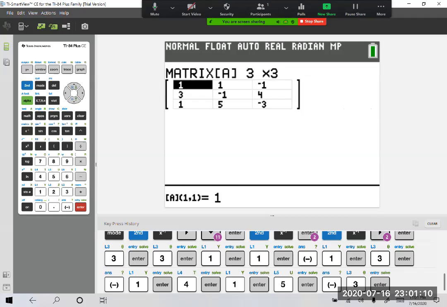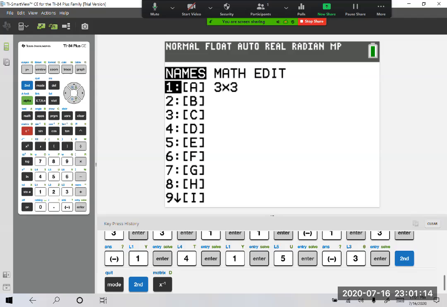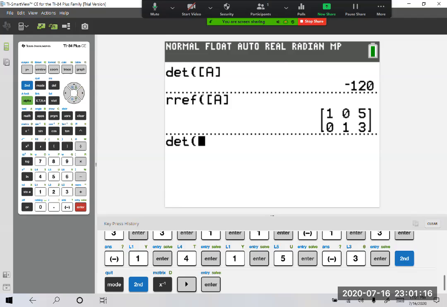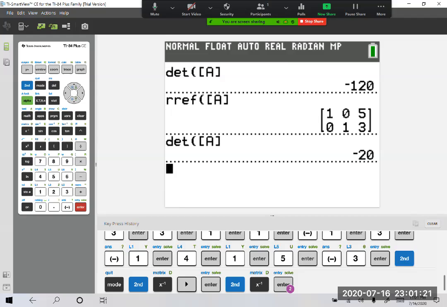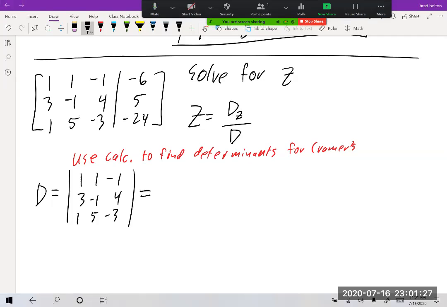Okay, hopefully I didn't enter any of those wrong. Now we're going to go to math, determinant, second matrix, determinant of matrix A, hit enter, and we get negative 20. So D equals negative 20, and this is from my calculator, right?